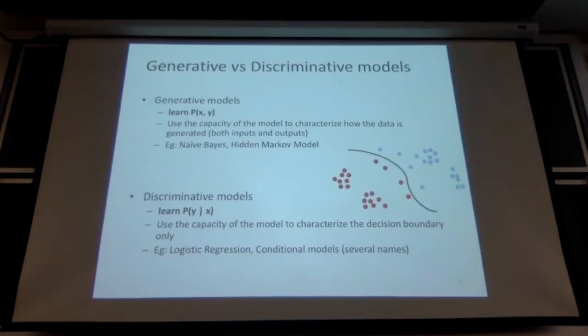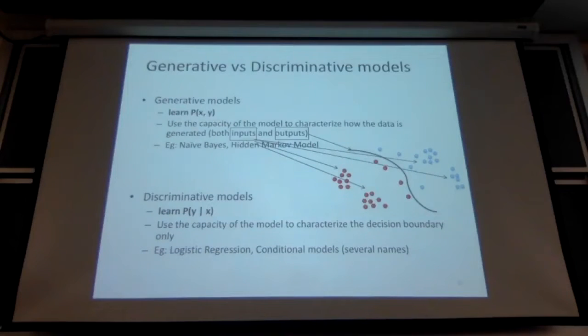So if you want a picture, imagine that you have some task where you have points that are clustered, clumped together in groups like this. There's this one group of red circles, there's another one here, and there's a decision boundary between the red and the blue dots. A discriminative model uses its capacity not just to identify what the separator looks like, but also to discover all these clumps of data.